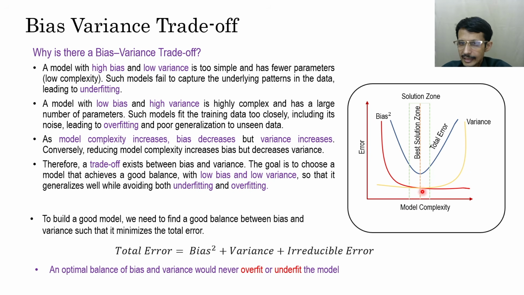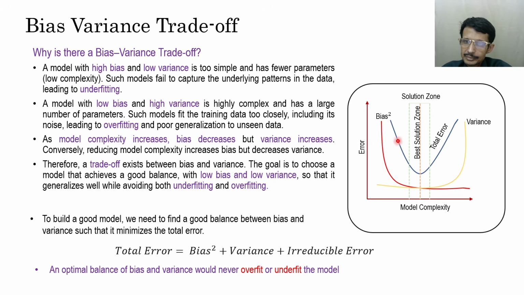Here you can see these two curves intersect, and this green dotted zone is the best zone or solution zone, which is the total error, and this total error is basically bias square plus variance and some irreducible error.